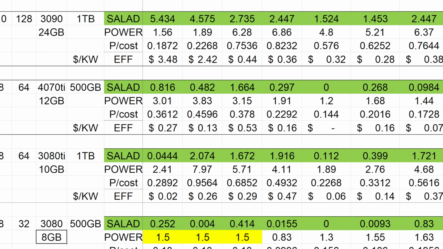Is that right? Just trying to, it's 3080 or, let me check one more time real quick, because I think it is 8 gigabytes, maybe it's 10 gigabyte. Yeah, it is 10 gigabyte, sorry.